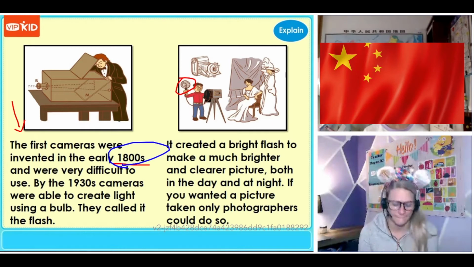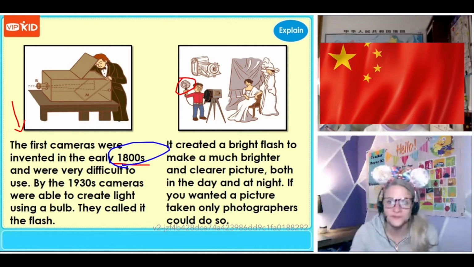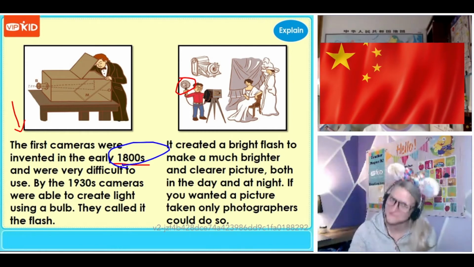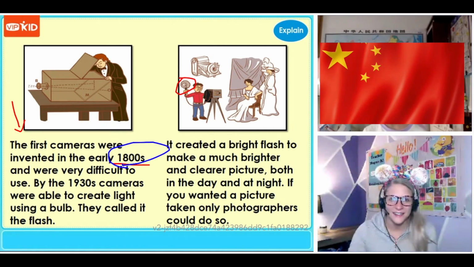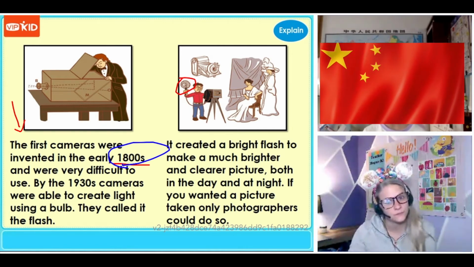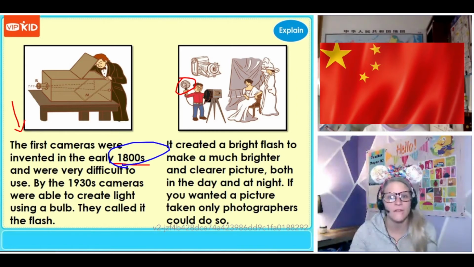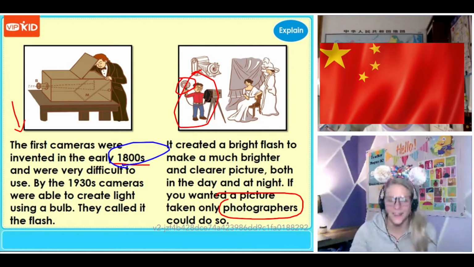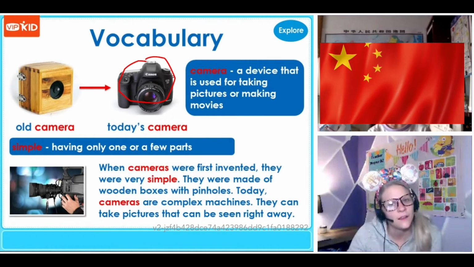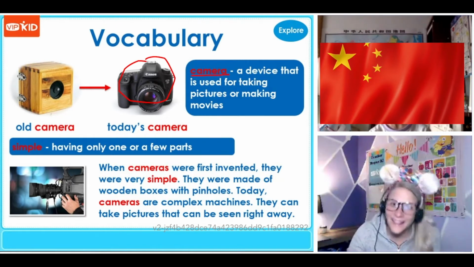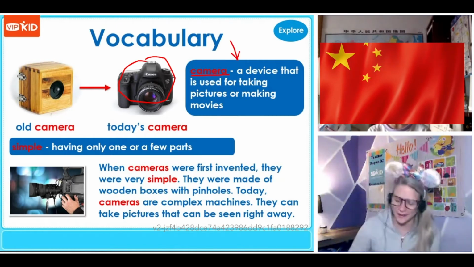Created a bright flash to make a much brighter and clearer picture, both in the day and at night. If you wanted a picture taken, only photographers could do so. Good. Photographers. Very good. What is this? This is a camera. Yes, very good. And what is a camera?